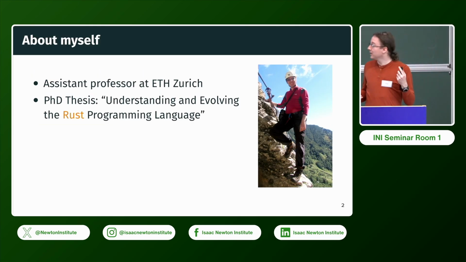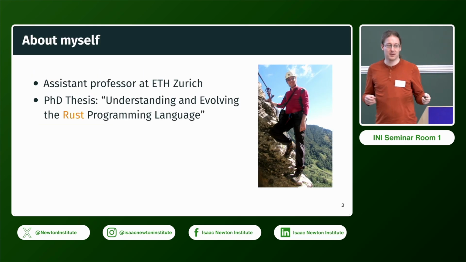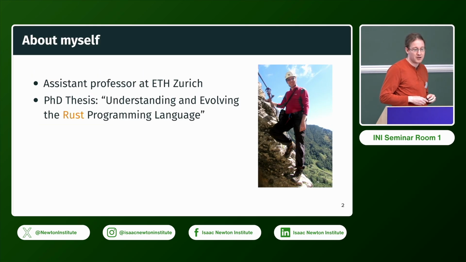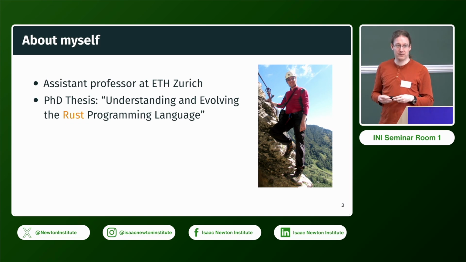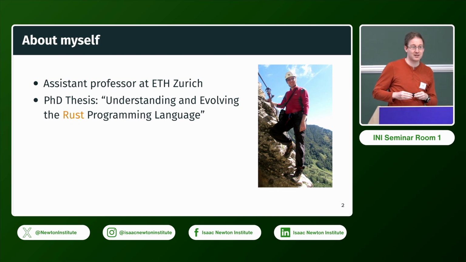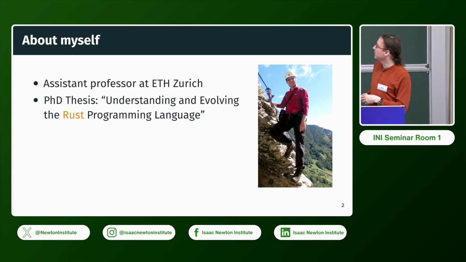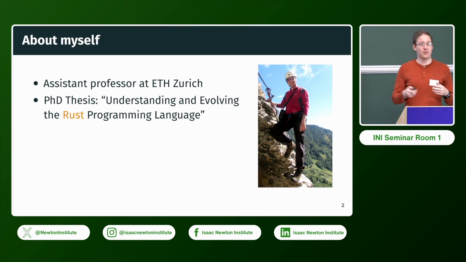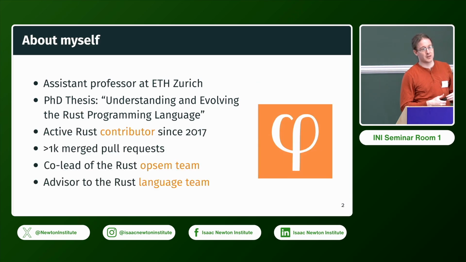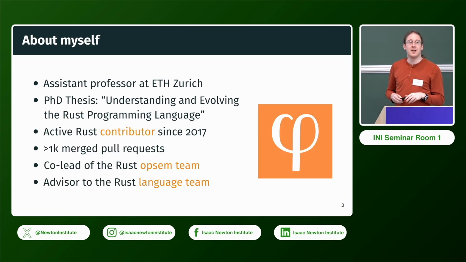But before I get started, maybe a few words about myself. I'm an assistant professor at ETH Zurich for 2 years now, and already during my PhD, I have worked heavily on the Rust language from the academic side, and we'll hear a brief glimpse of that also during this talk. But I'm not just involved in Rust academically, I'm also involved directly in the Rust project as an active contributor to the project since 2017, with at this point multiple thousand pull requests.